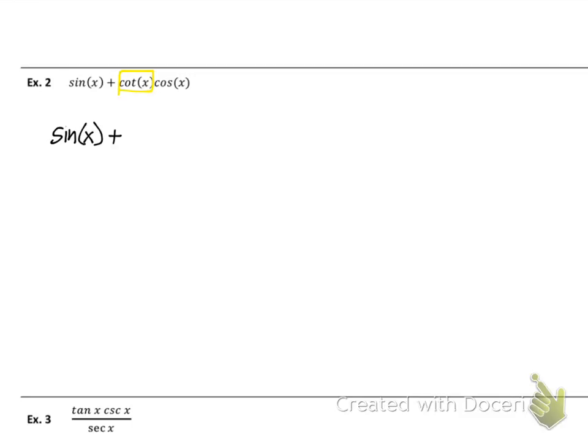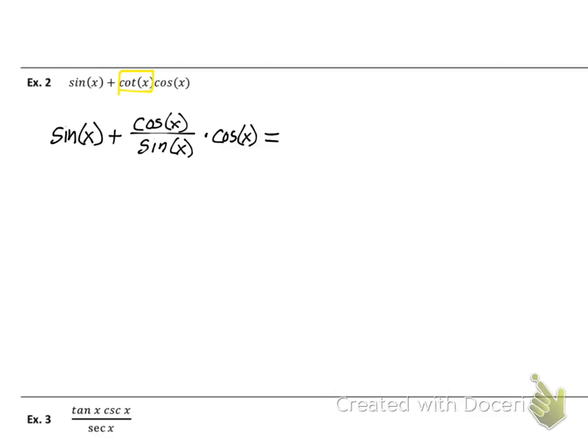Yeah, Nisha. Cosine over sine. So we'll do cosine of x over sine of x, and we're multiplying that by cosine of x.